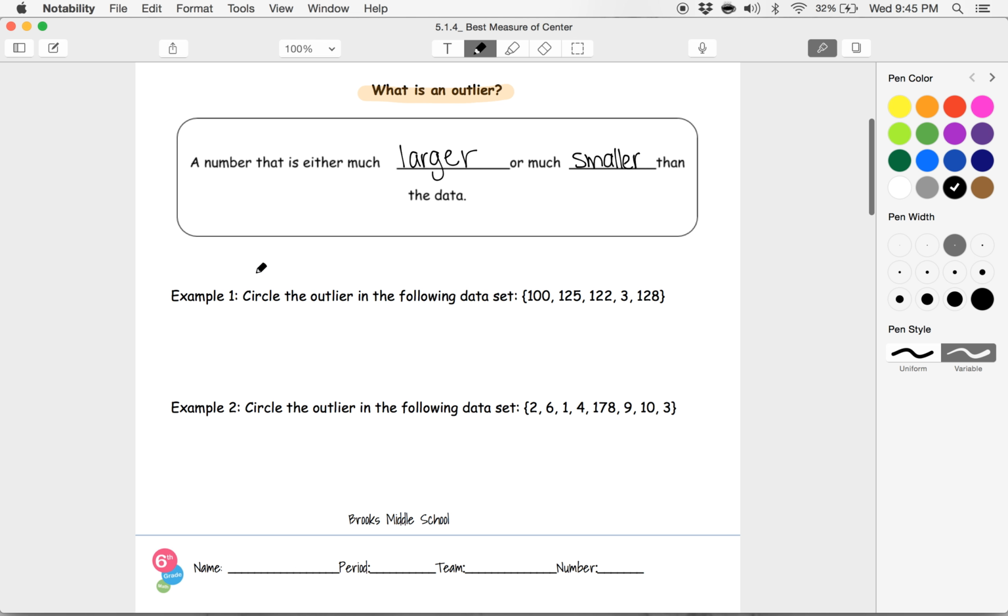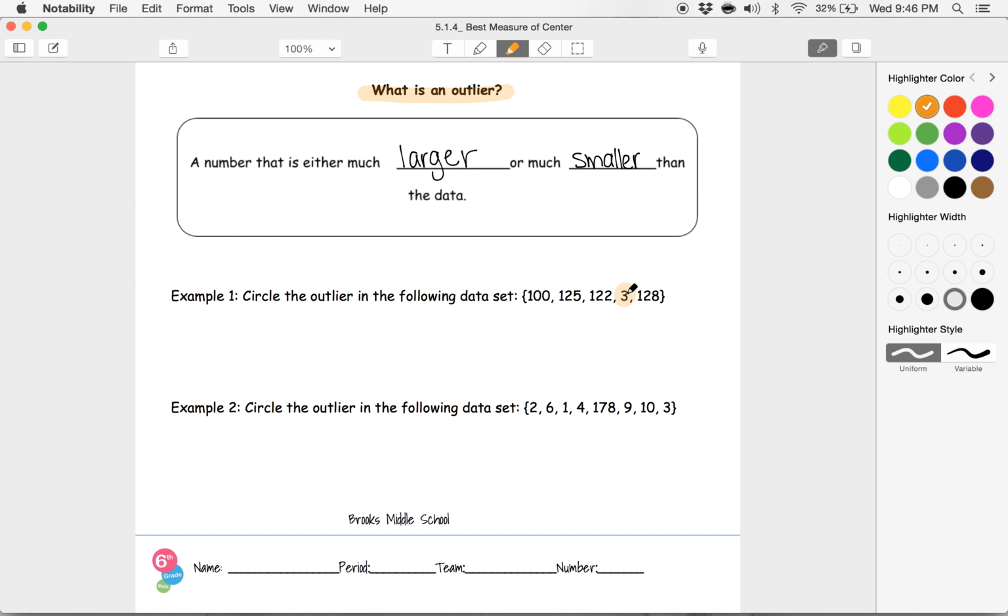Example 1, circle the outlier in the following data set. I have the numbers 100, 125, 122, 3, and 128. When I look at this data, think to yourself, which number looks a lot larger than the other numbers or a lot smaller than the other numbers? 100, 125, 122, 3, or 128.